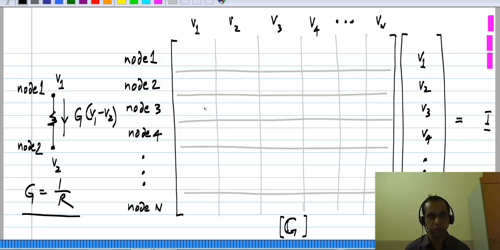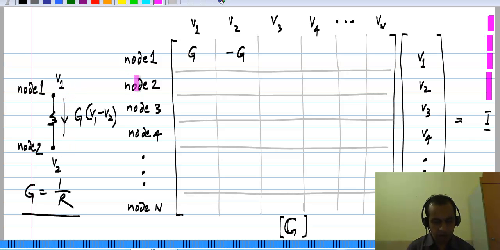I am trying to show in a general way how each resistance affects the conductance matrix. Current flowing away from node 1 is G times V1 minus V2. So in the equation for node 1, we'll have G times V1 minus G times V2. Remember this G will multiply that and this minus G will multiply that one, as I've shown on top. And the current flowing away from node 2 is G times V2 minus V1.